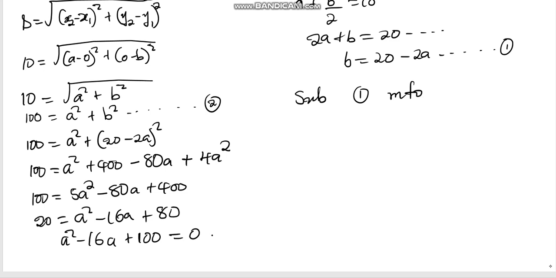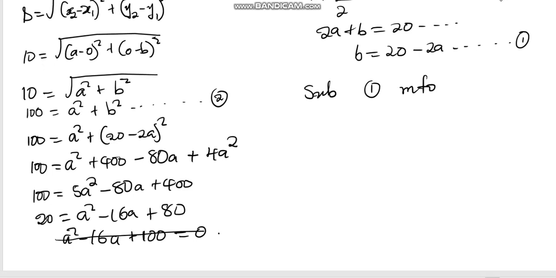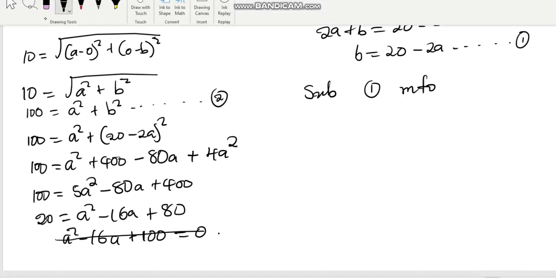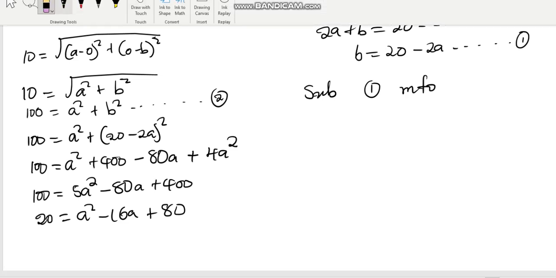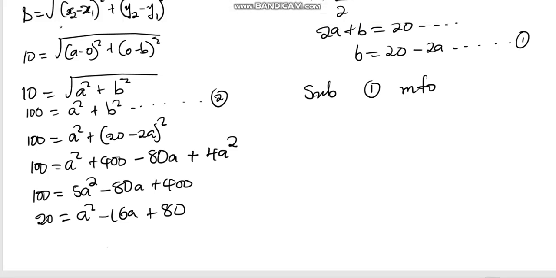So let me just erase that. Okay, so meaning that here we have a squared minus 16a plus 60 is equal to 0, like this here. So let me just demarcate here, then we solve nicely.